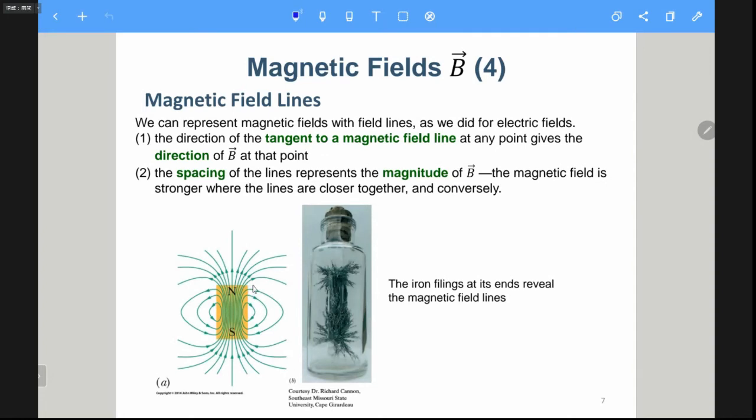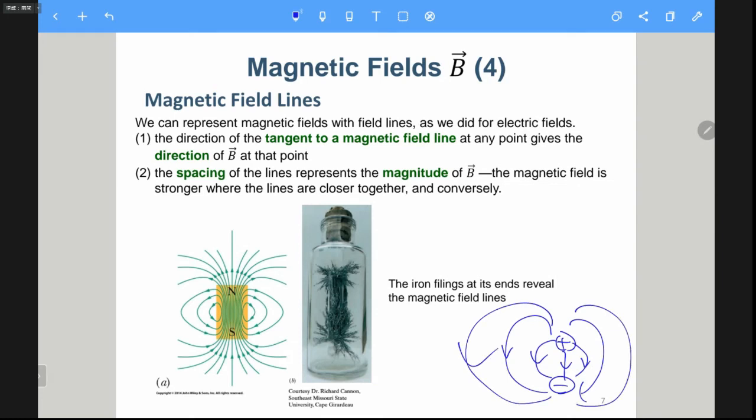If you still remember, for the electric dipole, the electric field lines are something like this, like an apple. So here you also see something like this. So it has some properties similar to the electric field lines, so I won't repeat them here.